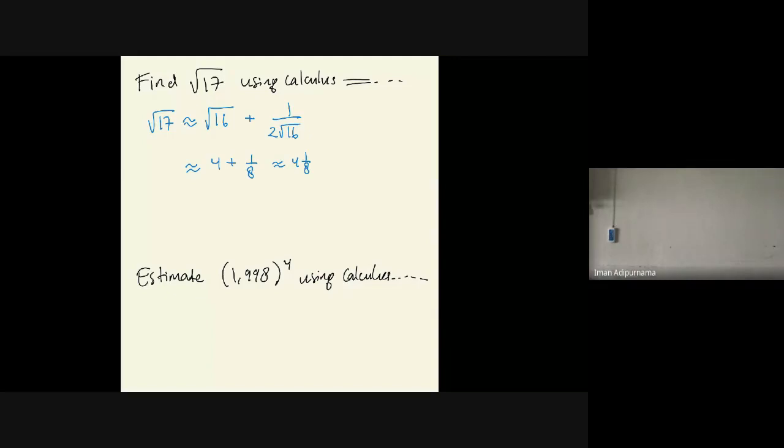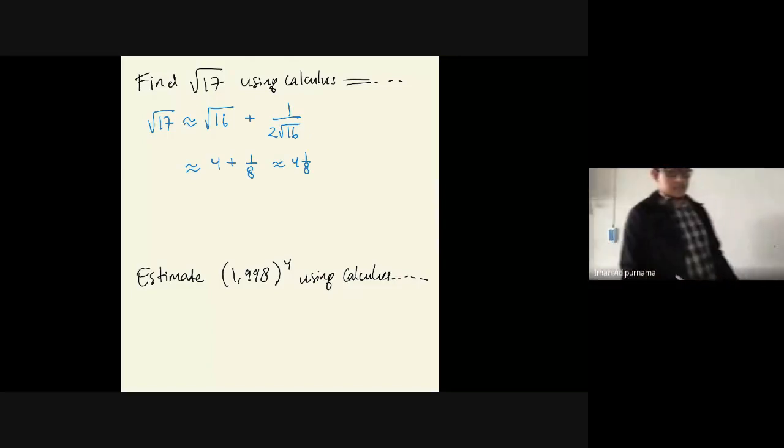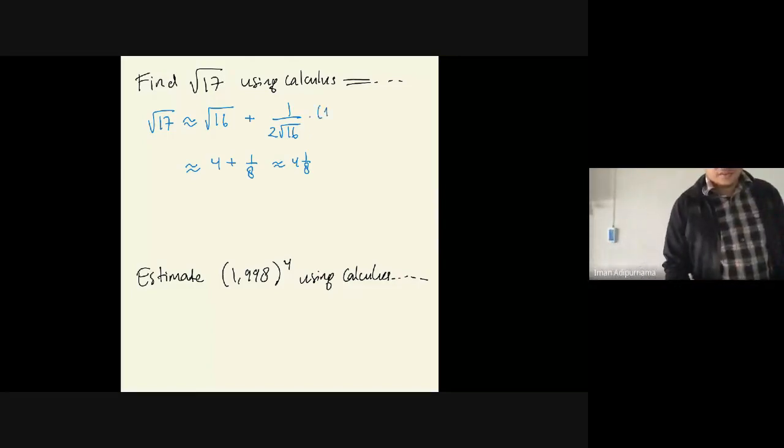The distance is just 1, right? 17 minus 16 is just 1. You need to multiply this by the derivative. If your function is the square root of x, the derivative is 1 over 2 square root of x, and then plug in the number you are choosing, 16. I'm writing it multiplied by 1, or 17 minus 16.